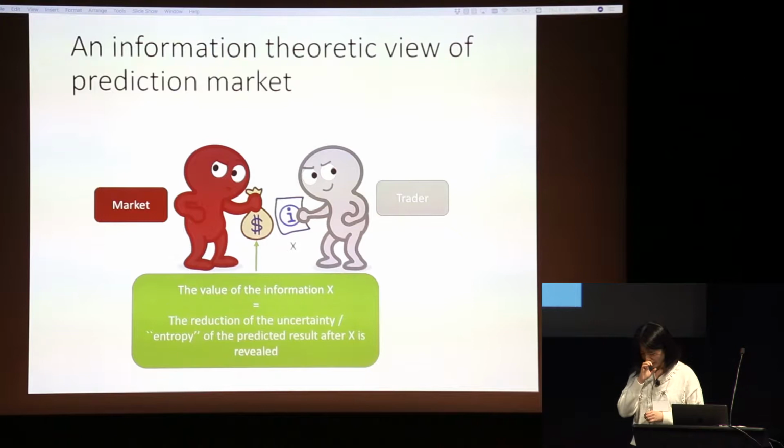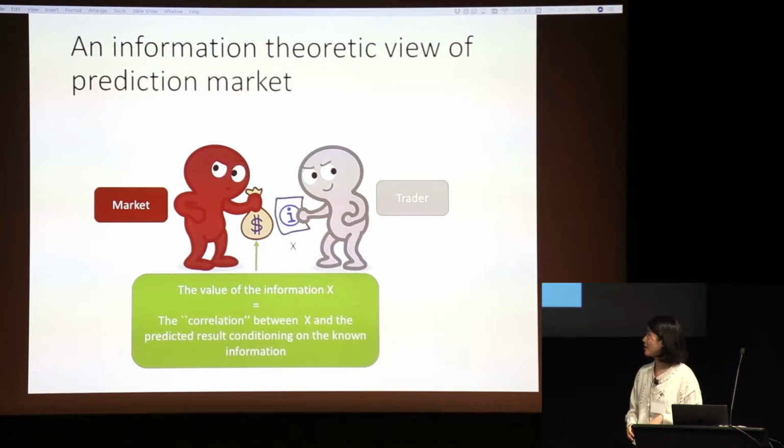And so if the information X just tells you what the result is, then the uncertainty decreases to 0. So that is the most valuable information. But if it's independent of the result, then the uncertainty of the result will not change.